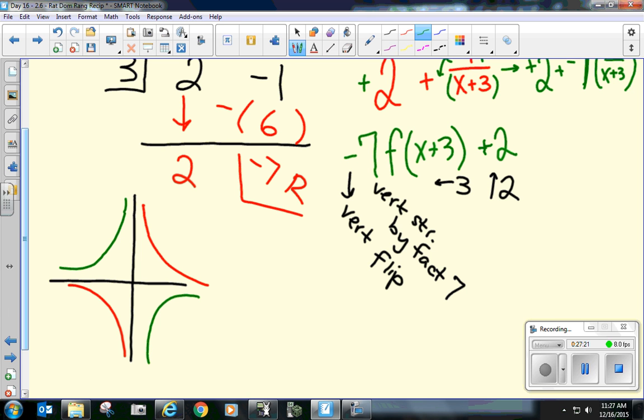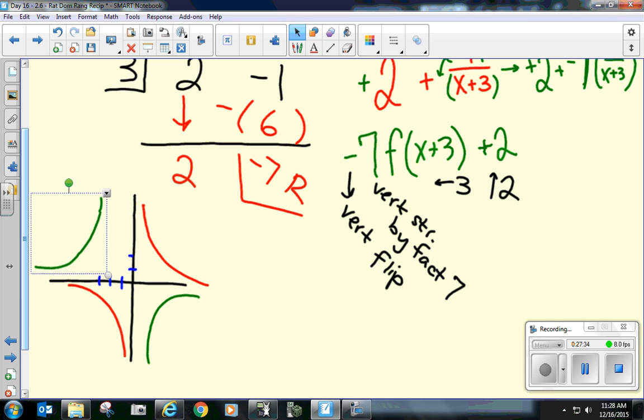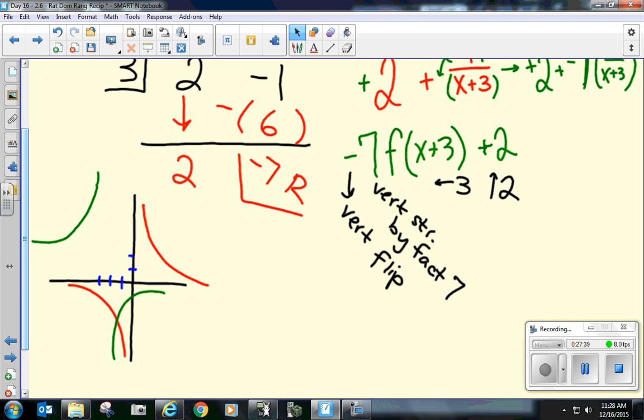It'll move left 3 and up 2. So, right there. Something like that? Where that green is where it's going?